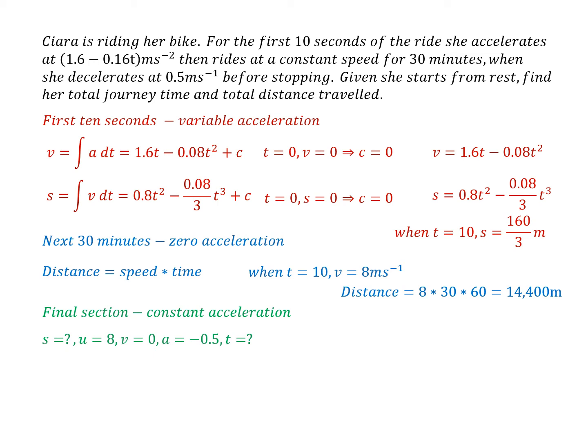The values we use are u is 8, the initial velocity, v is 0 because she's coming to rest, and the acceleration is minus 0.5 because she's decelerating. To find the displacement during this final section, I'm using the formula v squared equals u squared plus 2as. When I plug the values in, I get s equals 64. And when I use v equals u plus at, I get t equals 16 seconds.